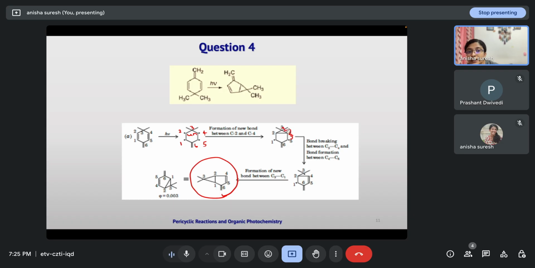This bond will be breaking, leading to formation of a radical at C4. Then C4 and C5 will recombine, leading to formation of a double bond here and a new radical at the C3 position. That C3 radical and C1 radical will recombine, leading to formation of the final product. Is the mechanism clear?